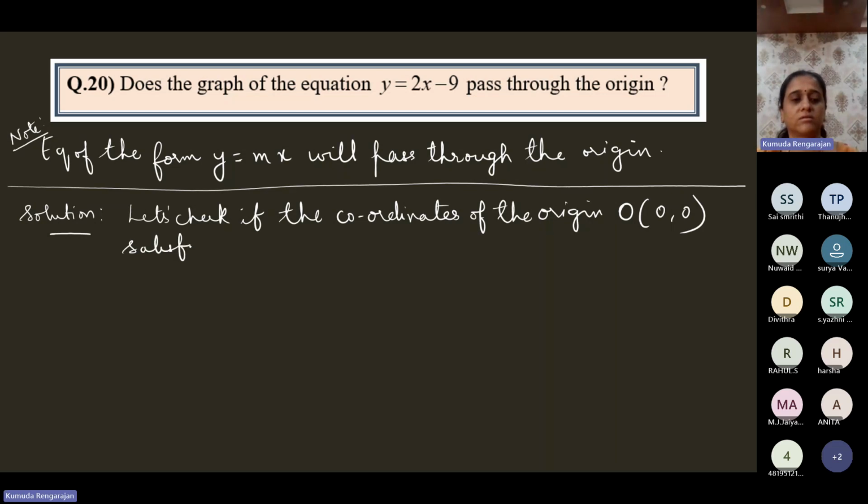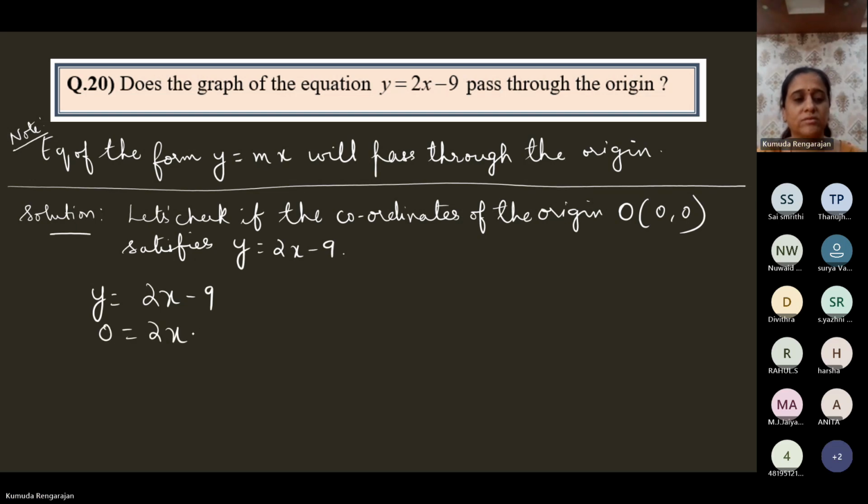We'll write the equation in the standard form. So we have y is equal to 2x minus 9, or 0 is equal to 2x minus y minus 9. So the equation is 2x minus y minus 9 is equal to 0.